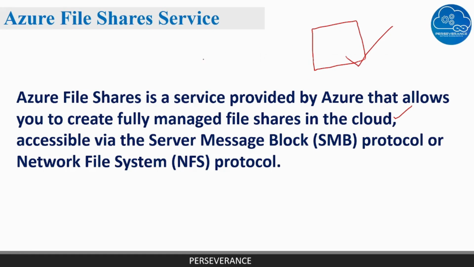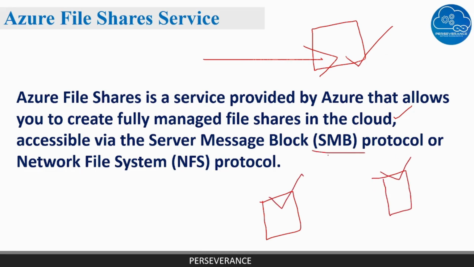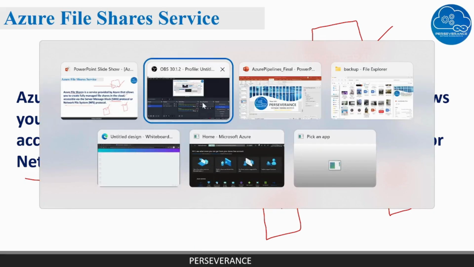Azure will be centrally hosting the data, and that will be accessed by the required servers via the SMB protocol. AFS uses the SMB protocol, and even NFS works the same way. So this we can implement now.